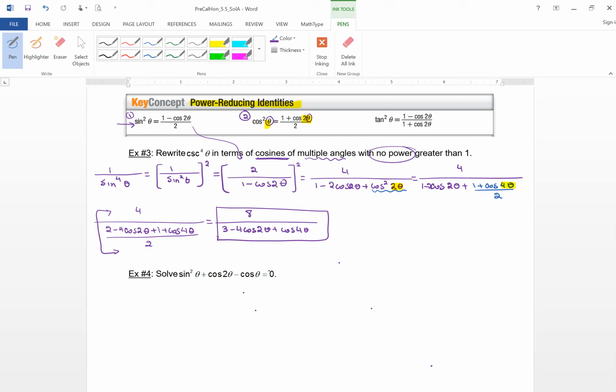All right, so now I have exactly what I wanted: cosines of multiple angles, 2 theta, 4 theta, with no power greater than 1. That's exactly it.